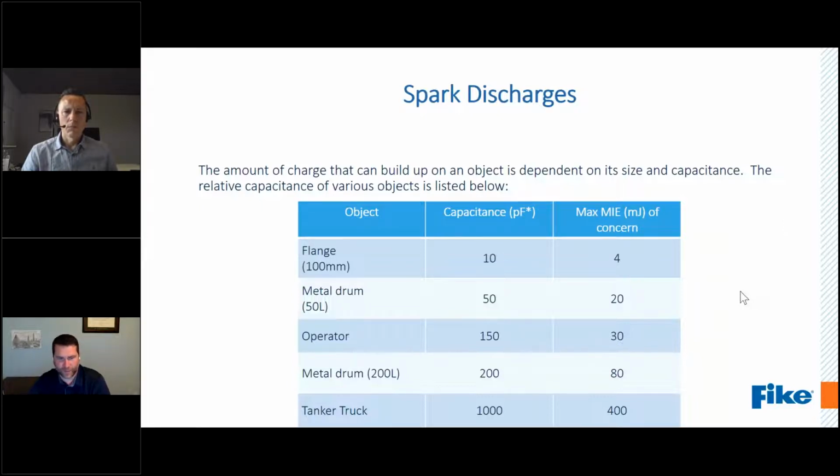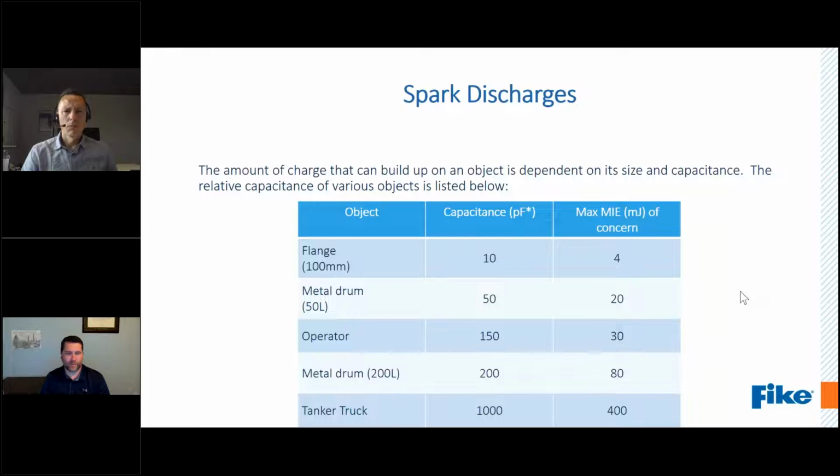But if we go to the operator, that means the person that's maybe handling those powders, maybe the person in our earlier example that's dumping those powders into the hopper, maybe using a scoop or just dumping bags. The capacitance on a person is going to be 150, which puts a max MIE of concern of 30 millijoules.